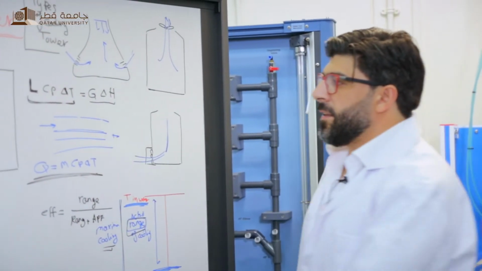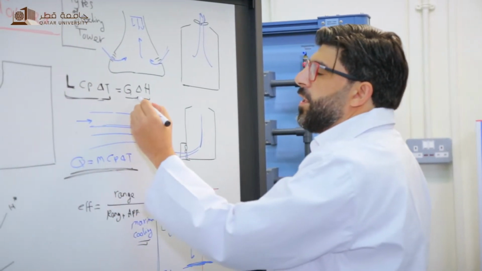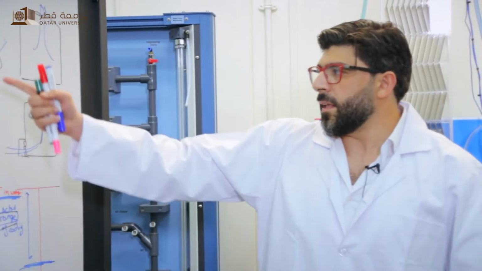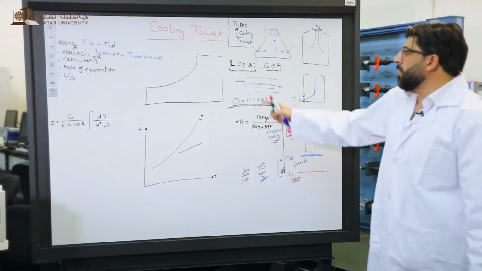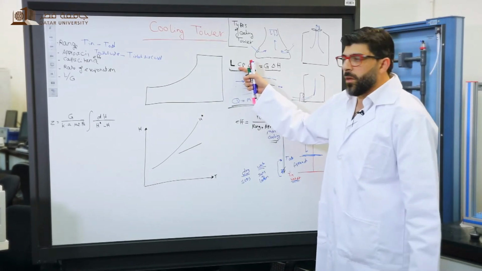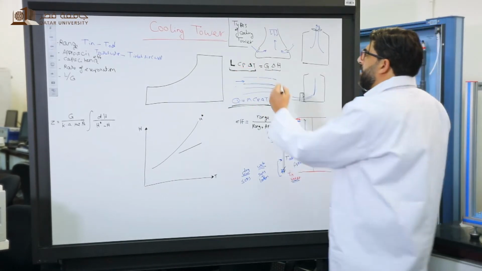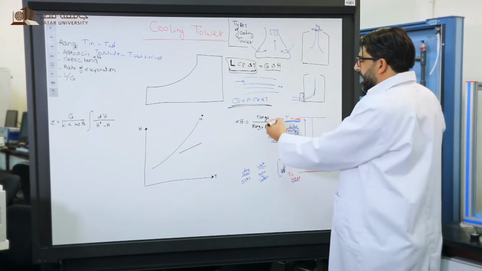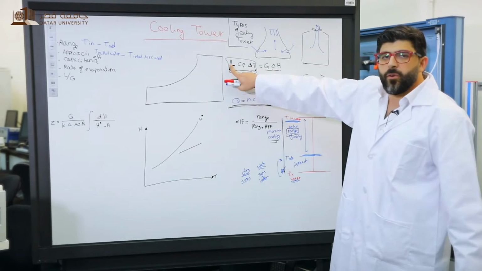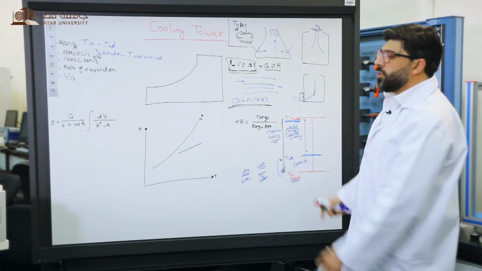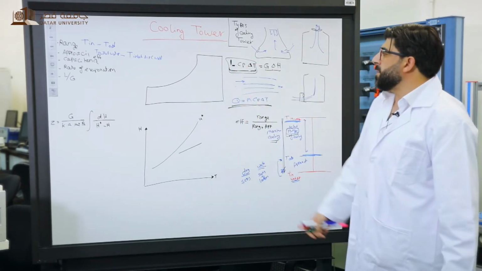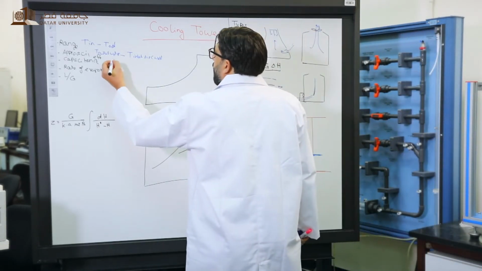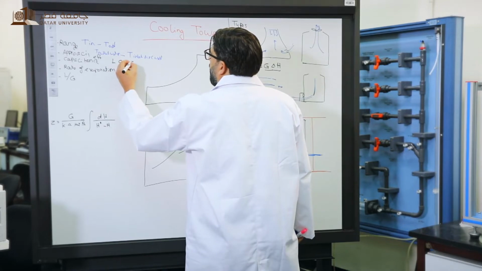The capacitance I can calculate from G delta H, or from L Cp delta T. But it's much easier to determine the capacitance of the cooling tower from the first part of the equation, because delta T is already the range, and L is the flow rate divided by the cross-section of the column, and Cp is the specific heat of the water. So capacitance here equals L Cp delta T.